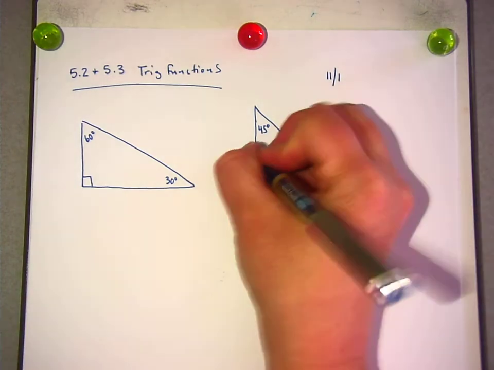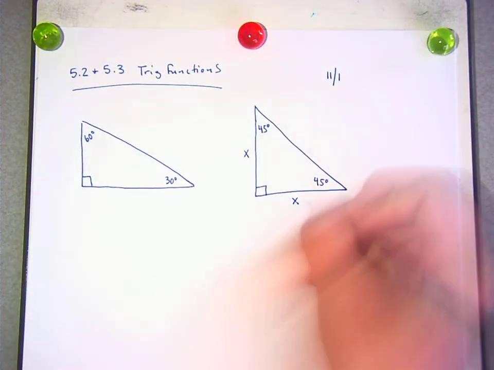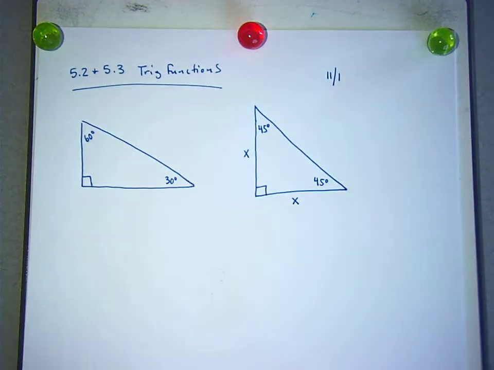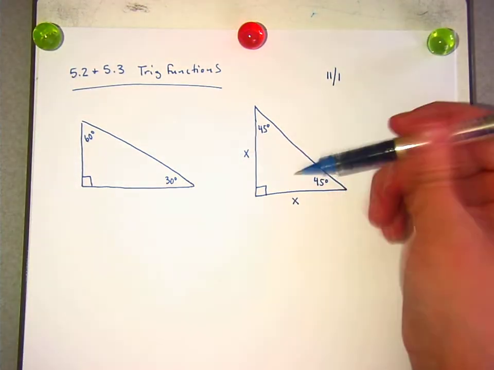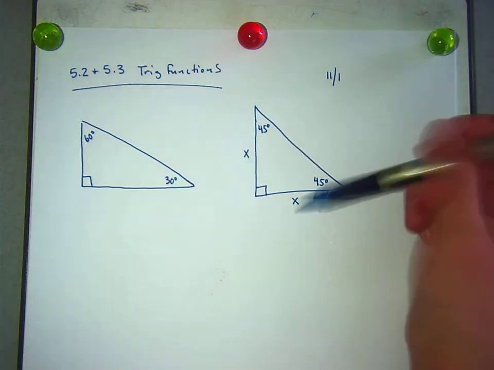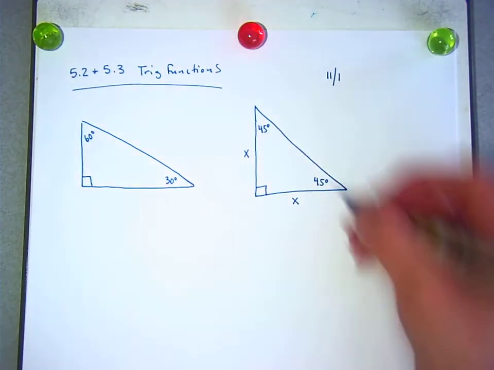Okay, so we're going to put an X here and an X here. So you're right, both sides are isosceles. We could actually figure this one out by doing the Pythagorean Theorem. X squared plus x squared equals c squared.